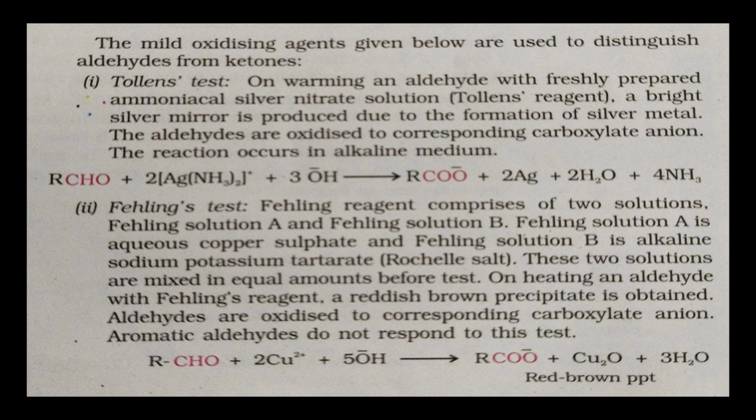Aldehydes are oxidized to the corresponding carboxylate anion. Aromatic aldehydes do not respond to this test. So RCHO reacts with 2Cu2+ plus 5OH- to give RCOO- plus Cu2O plus 3H2O. Cu2O is a reddish-brown precipitate.